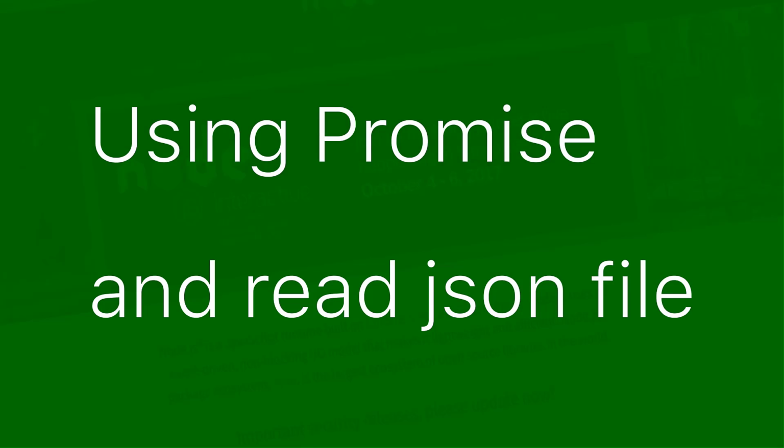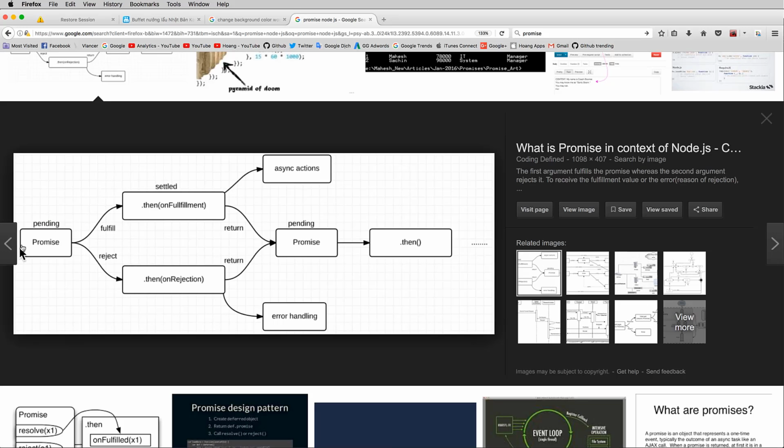Hi everybody, in this video I will talk about promise and how to use promise to read a JSON file. Assume that we have a task and the task has some states. So I will use the promise. The promise will give you the fulfill action, meaning the task is successful and finished.